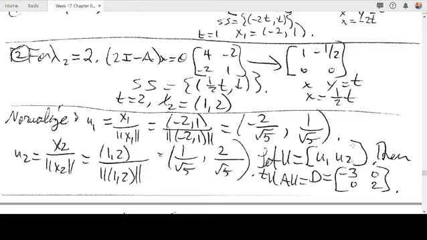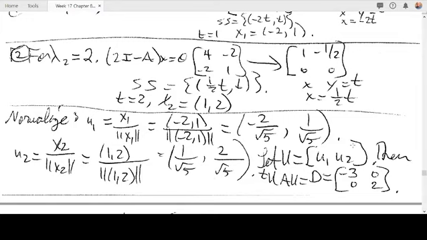All you have to do is divide the vectors by their norm. So if we divide x1 by the norm of x1, which is the square root of 5, we get negative 2 over square root 5 and 1 over square root 5. Divide x2 by its norm, we get 1 over square root 5 and 2 over square root 5.